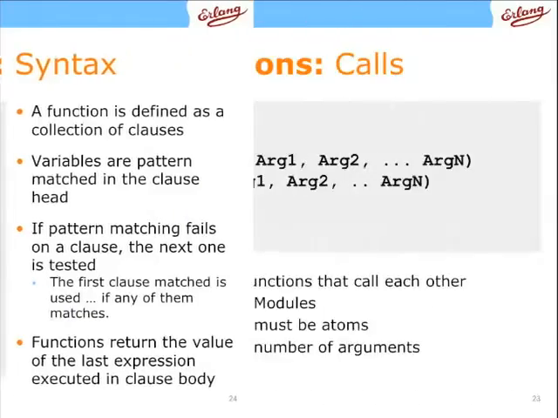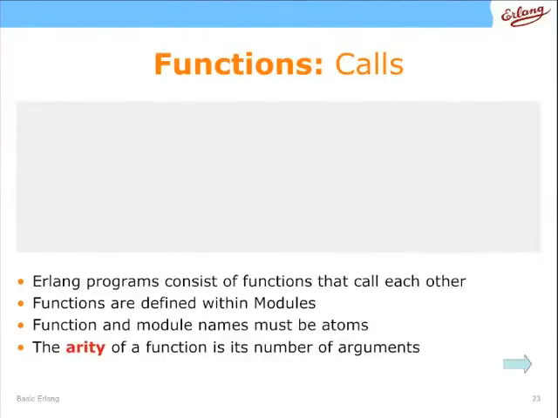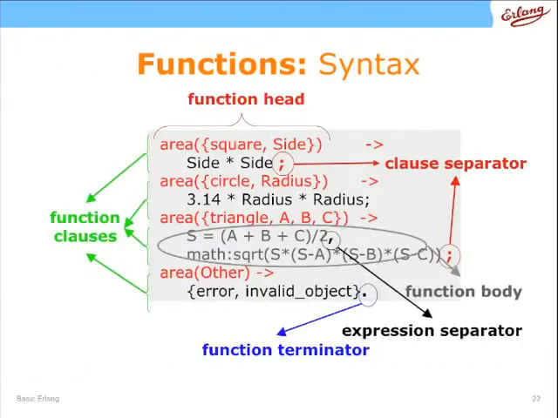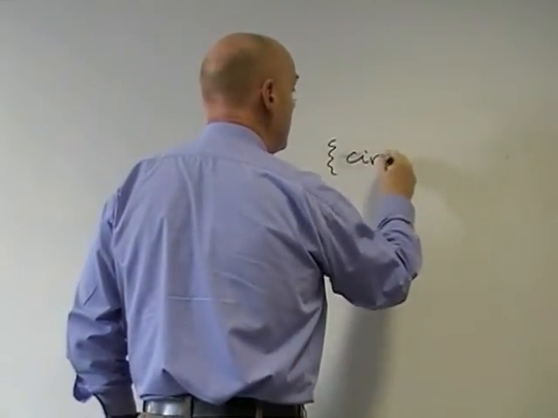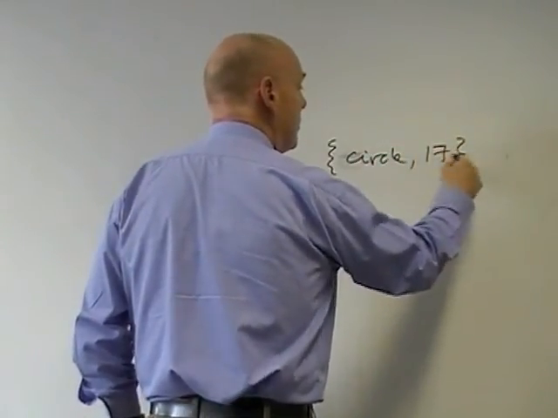Just returning to the example we saw a couple of slides ago, what happens if we apply that function to the tuple circle, 17?